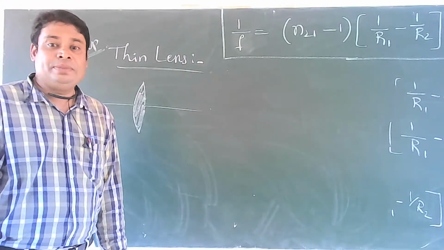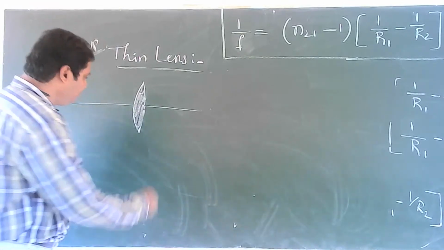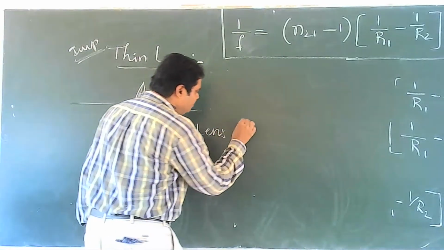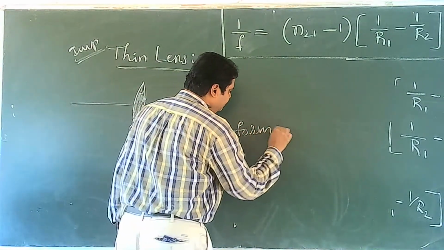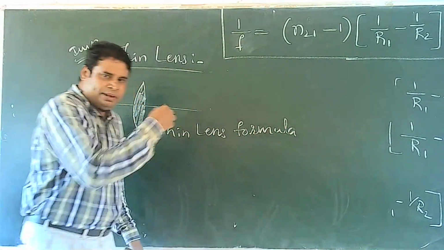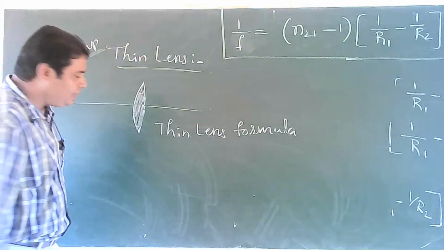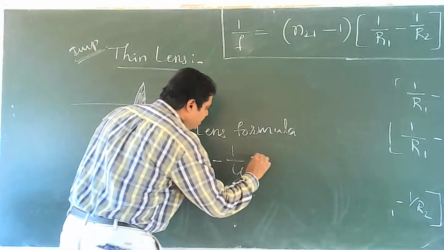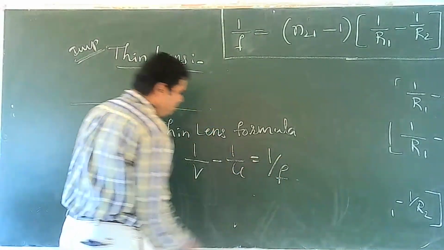We have one formula called the thin lens formula. Remember this as it is. Thin lens formula is given by 1 by v minus 1 by u is equal to 1 by f.